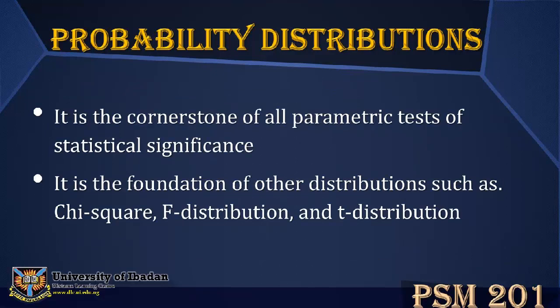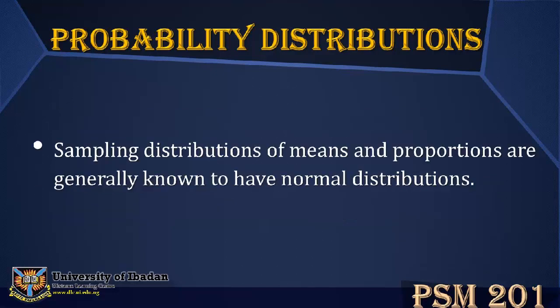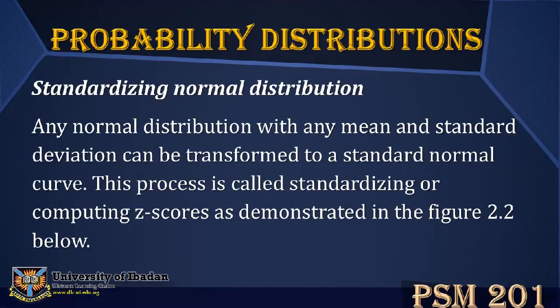It is the cornerstone of all parametric tests of statistical significance. 4. It is the foundation of other distributions such as chi-square, F distribution, and t distribution. 5. Sampling distributions of means and proportions are generally known to have normal distribution.